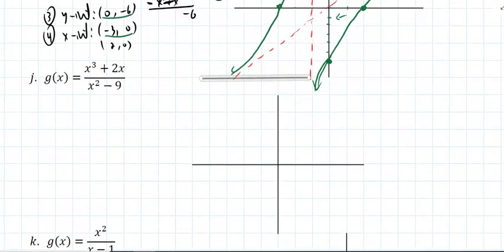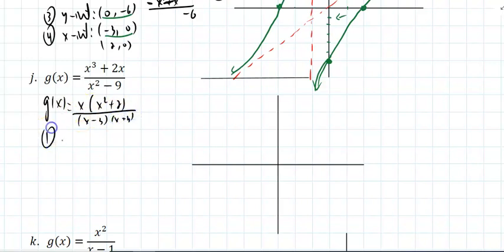How about this graph? Well, again, it'll be a wise idea to factor. So 1. Vertical asymptotes, there are two of them, x equals plus or minus 3. 2.